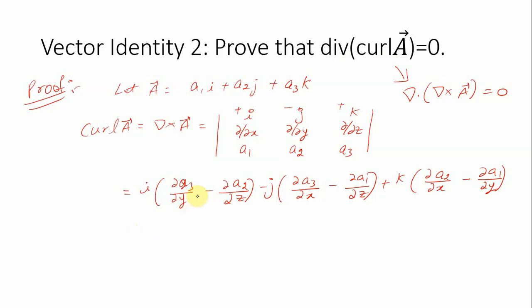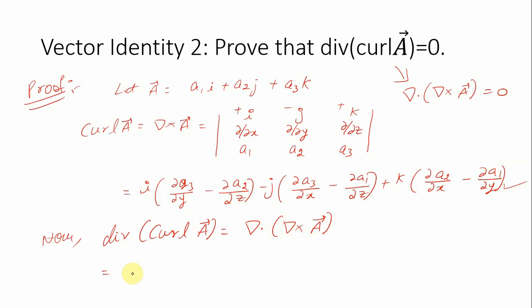Okay students, now one by one you are going to take curl of A bar. We have already calculated it. Now we are going to take divergence of curl of A bar, which is equal to del dot del cross A bar. Half the work is already done. We'll take it the same way and multiply with del.